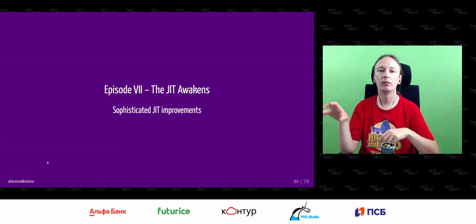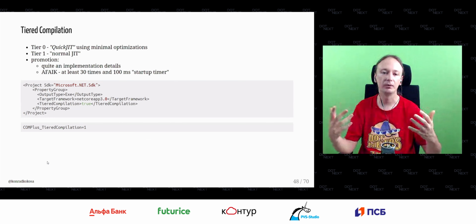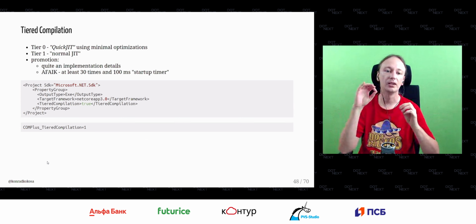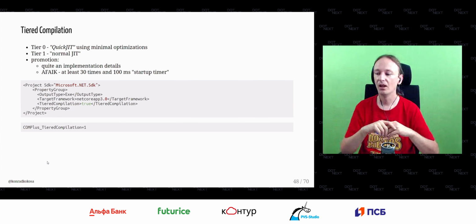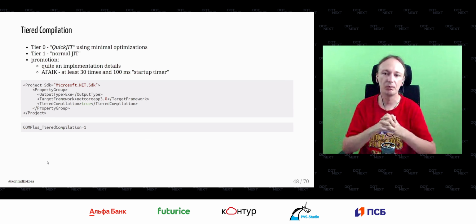Another much more performance-related thing is all the things related to the JIT, because it has quite significant improvements in terms of performance. So there is obviously tiered compilation that you probably know about, and now the JIT has the possibility to have multiple levels of generating code. So we have tier 0, which is sometimes called Quick JIT, which uses minimal optimizations just to generate the code as fast as possible.